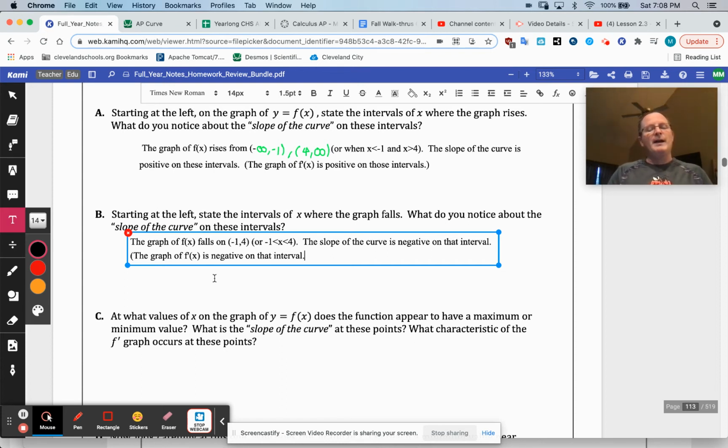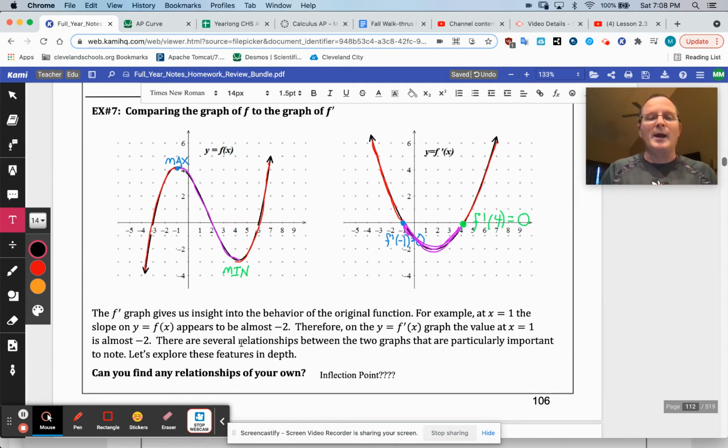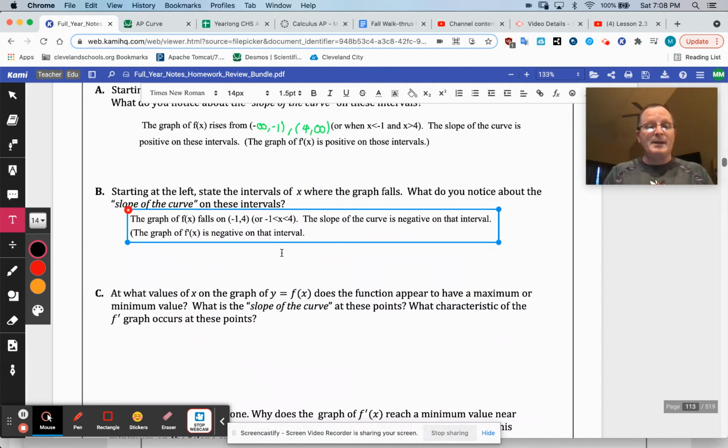At what values of x on the graph does the function appear to have a max or min? What is the slope of the curve at these points? We already discussed this. What characteristics of f prime occur at these points? So what did we say? That's the -1 and the 4, right? So at about -1, 4, and at about, I don't know, 4, -3, I guess, we have maximums and minimums at the points.